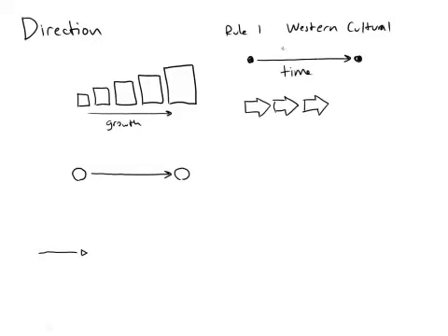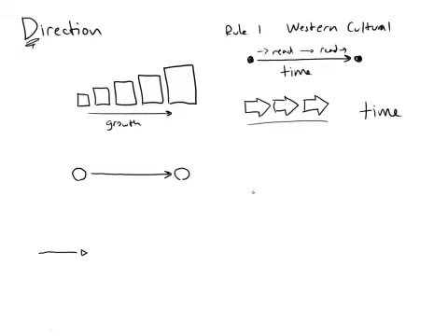Largely it has to do with the way that we read. Most of us in the West, most of the languages we have read from left to right. And so we have a tendency to assume that time moves from left to right, and a standard that we have is if I draw a series of arrows like that, I know that I'm moving across time. That's one of the key issues about direction, is that it does have a tendency to show time.